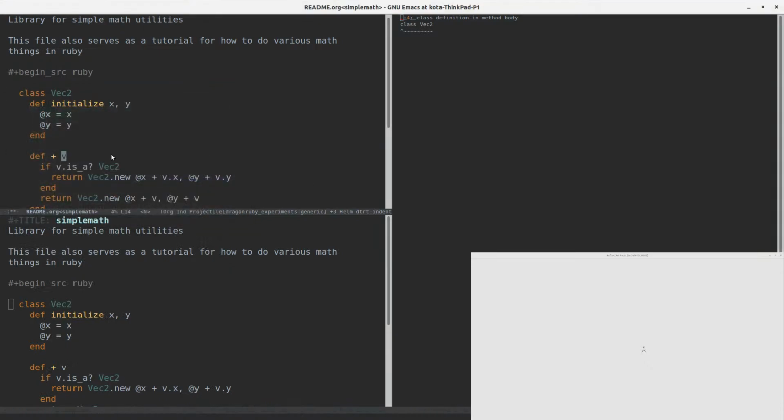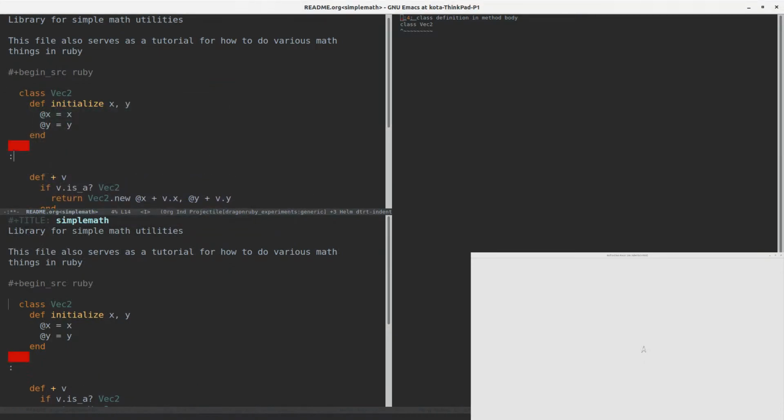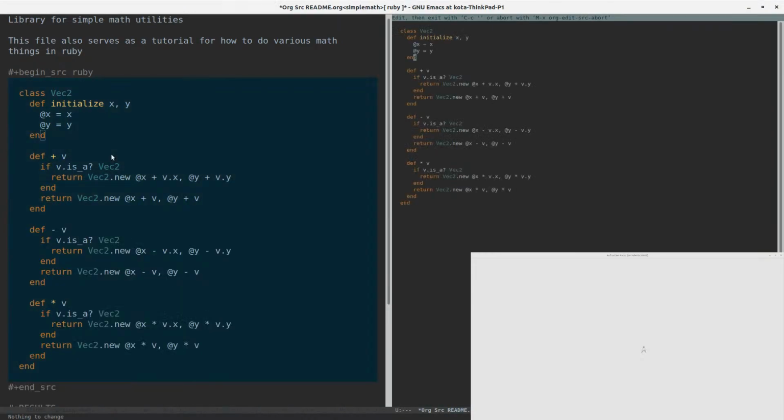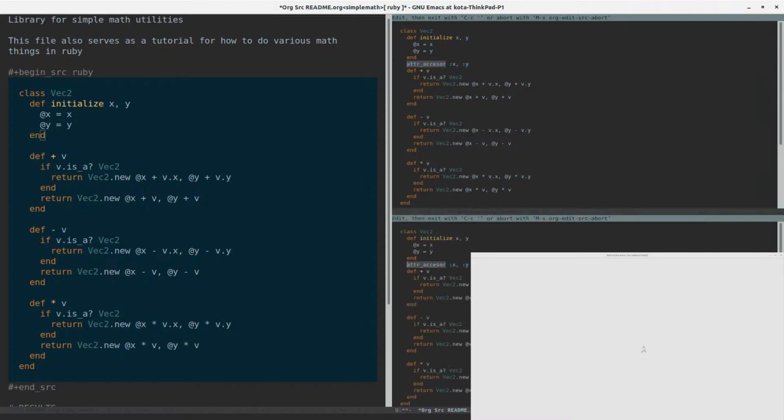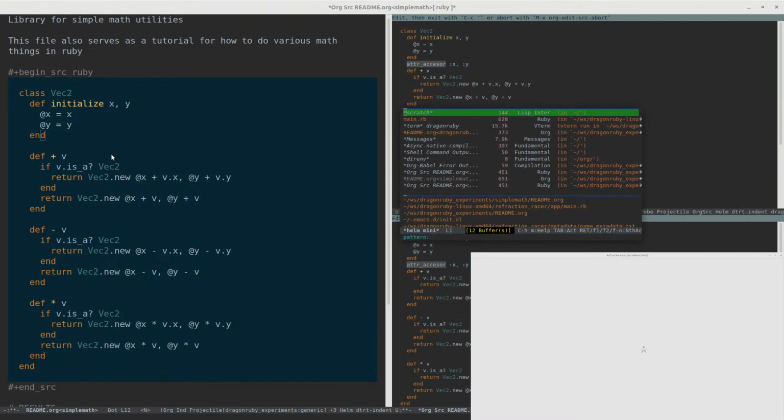Oh, yeah, we also need the attribute accessor. Well, I'm making mistakes. We will call this, so I think something like that. X, Y, this isn't right. No, that's still not right. Let me check my code.